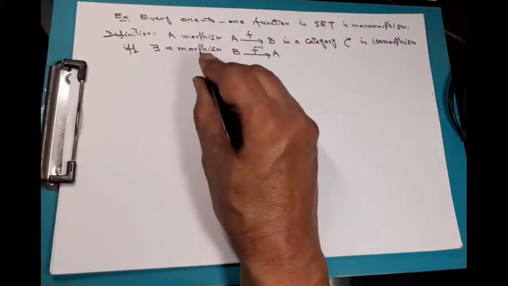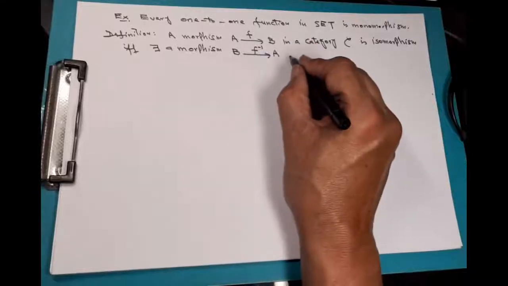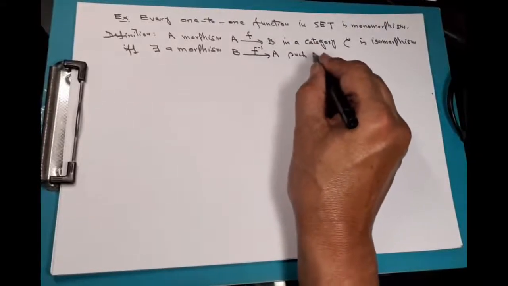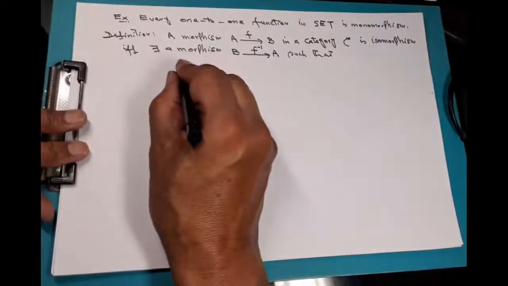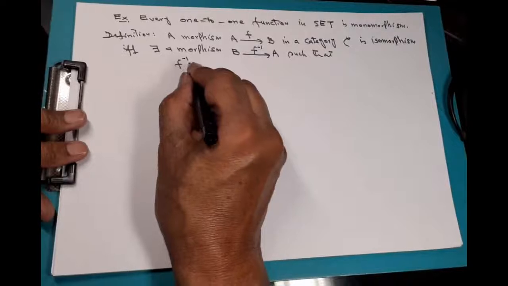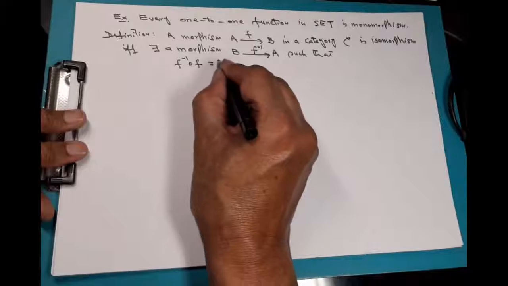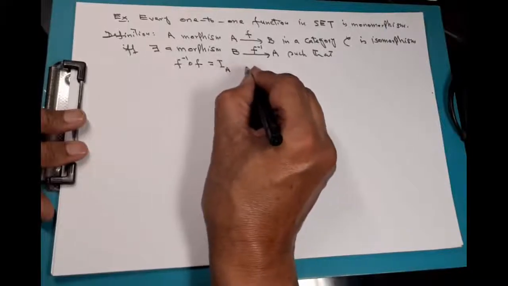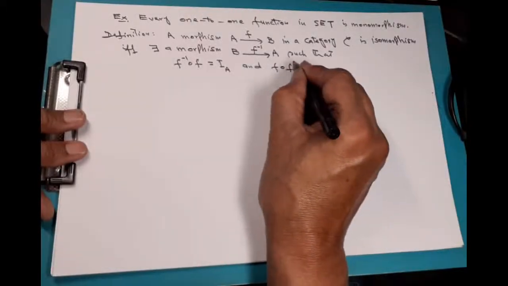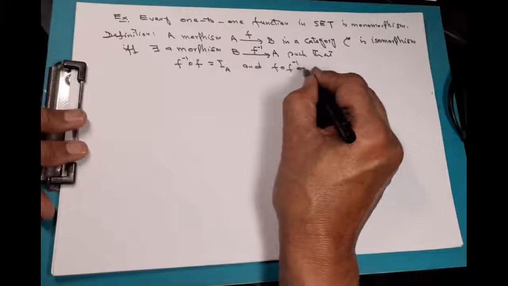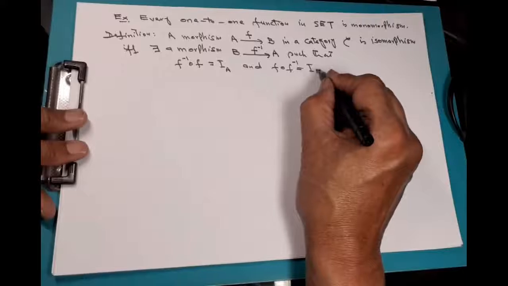So if and only if there exists a morphism which we denote by this particular symbol, such that if we compose F inverse with F, the result is equal to identity morphism of A, and if we compose F with F inverse, then the result is identity morphism of B.